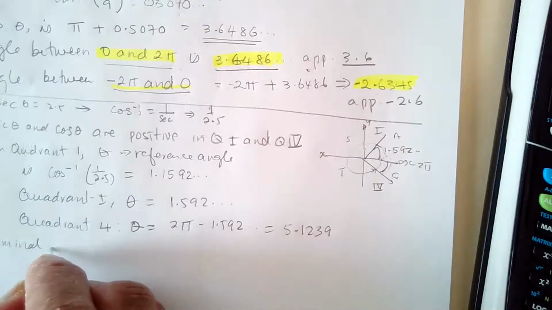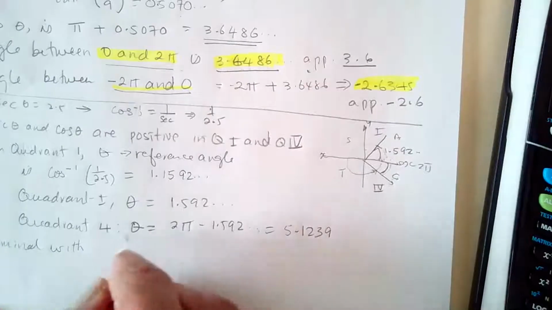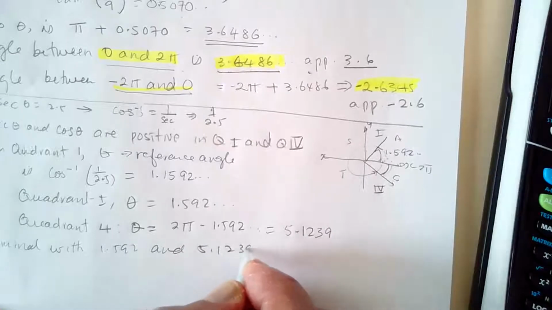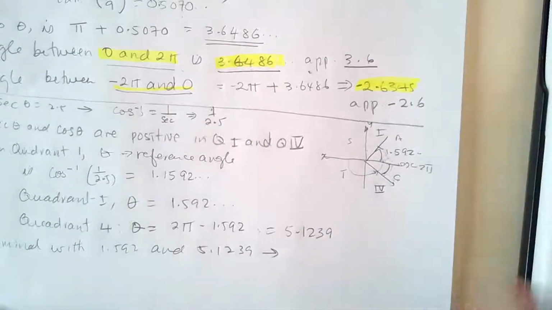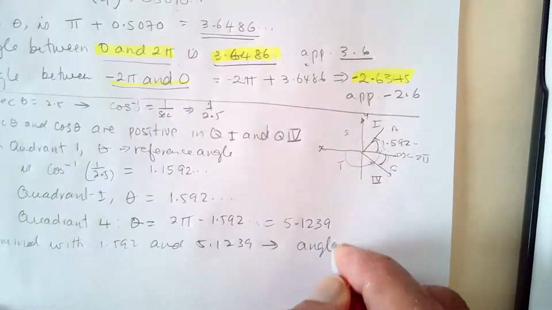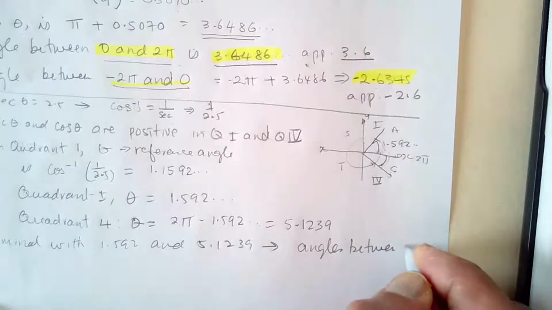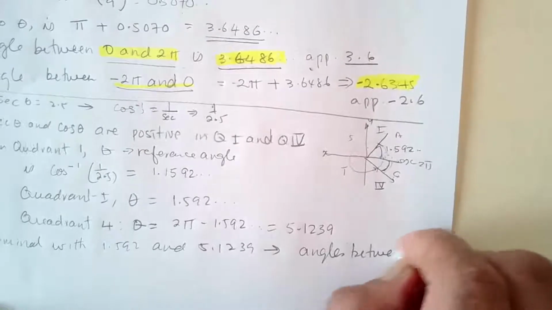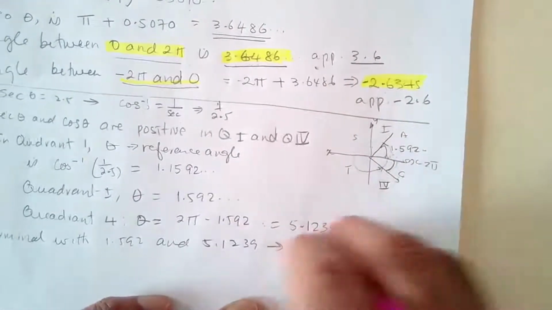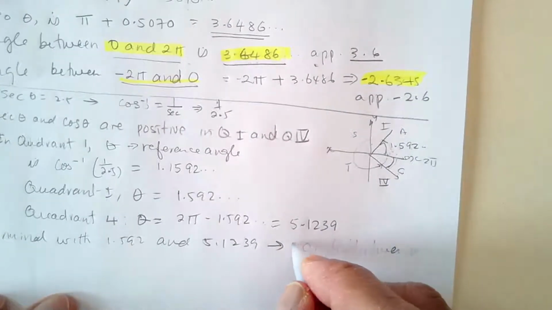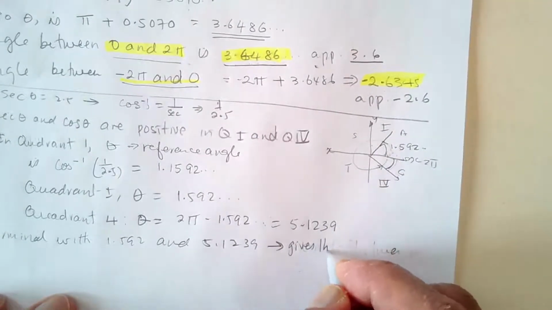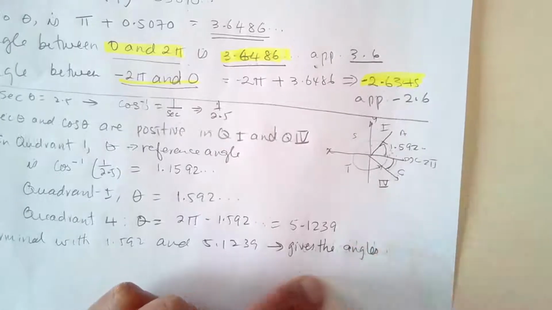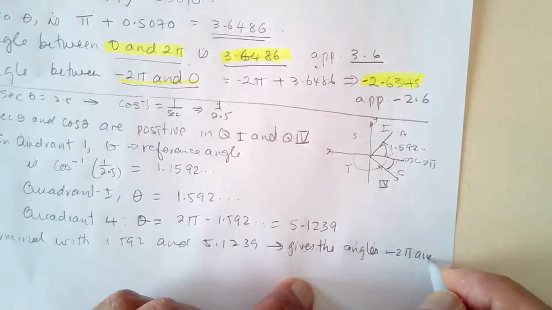So the coterminals with these angles here, with 1.592 and 5.1239, right, will give us the angles between 0 or -2 and 0, I should say. So the angles between -2 pi and 0.